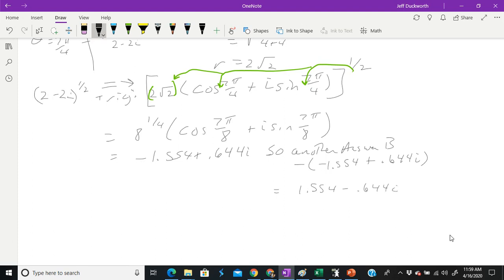And they'll be on the direct opposite sides of the unit circle at the same distance from the origin. You can draw a line through them and it'll cut through the origin.